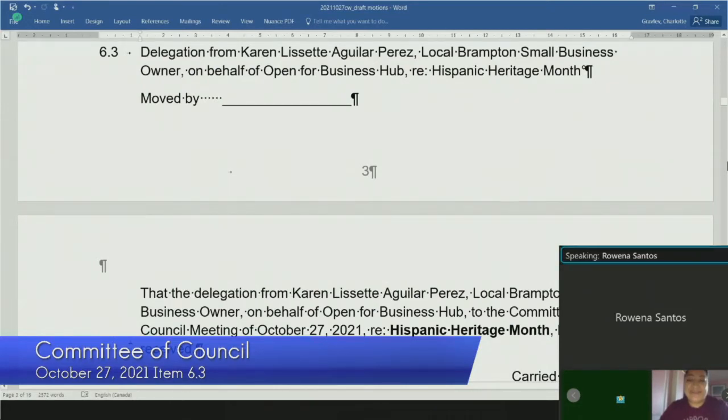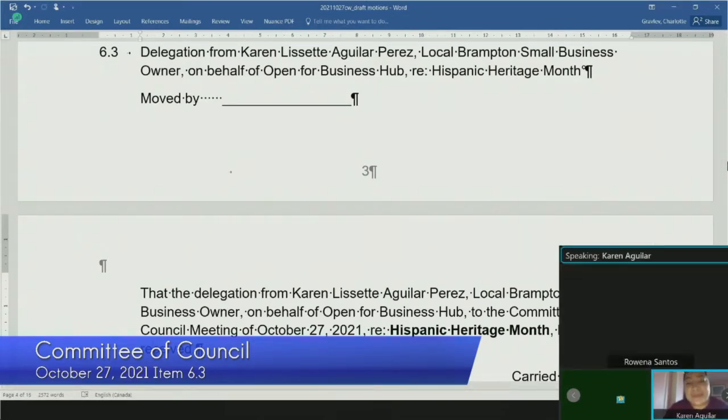But a question to you, can you comment a little bit about the growing Hispanic Latin American community here in Brampton? Because I've seen so many, you know that there's something happening when you see more restaurants pop up, etc. So if you could comment on that, that would be great.